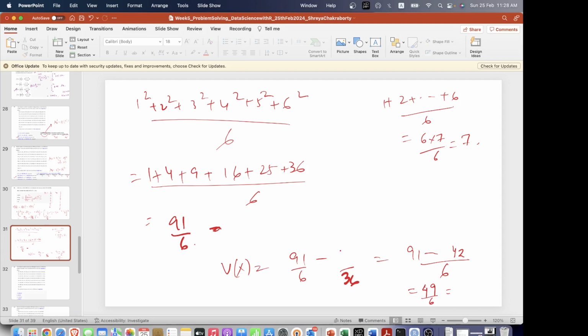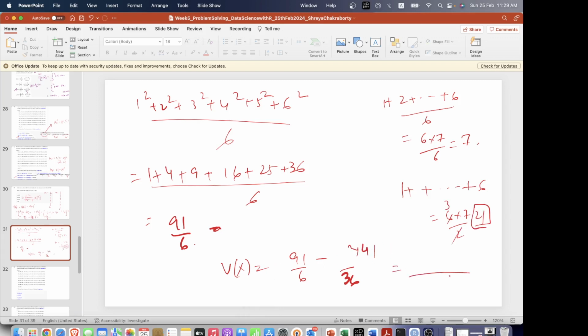Is it whole square, right? I think it would be 49, 7 square. See, 1 plus 2 up to 6 would be 6 into 7 by 2. That is 21. Yes, 441.